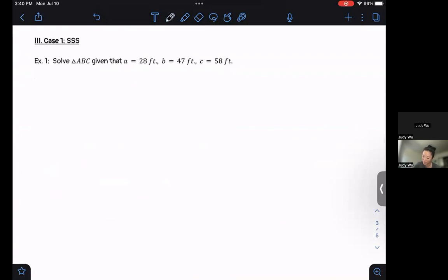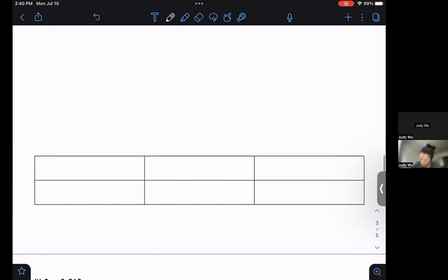All right, so side, side, side. Example 1, solve triangle ABC, given that side A is 28 feet, B is 47 feet, and C is 58 feet. Let's go down here into our answer box and remind ourselves what we're looking for when solving a triangle.